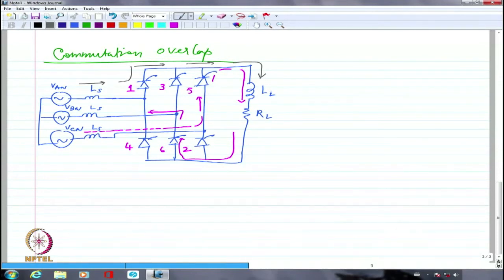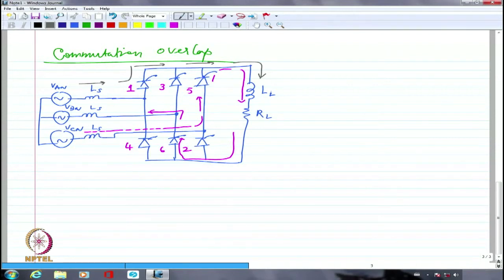That's not possible. So the moment I consider that there is some source inductance, I cannot say that the current transfer would take place instantaneously from one phase to another phase or from one device to another device.